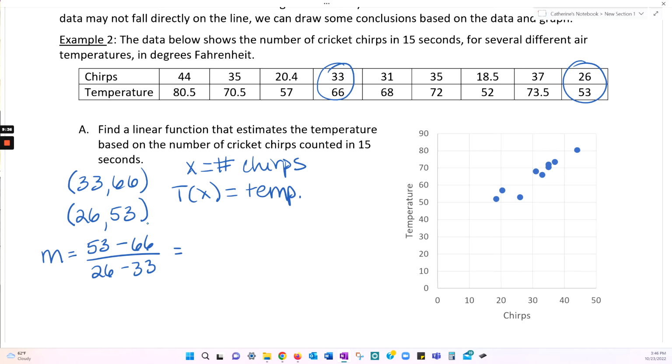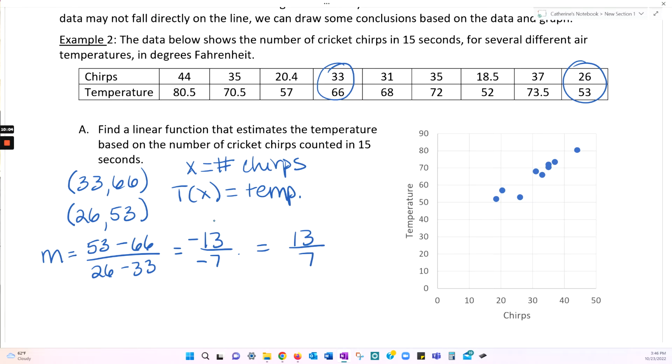So 53 minus 66. I should be able to do this in my head, but I'm kind of not feeling like that's a good idea. Negative 13 over 26 minus 33 is negative 7. So 13 over 7. Okay. And that would not work out to a very nice decimal, so I'm just going to leave it like that.